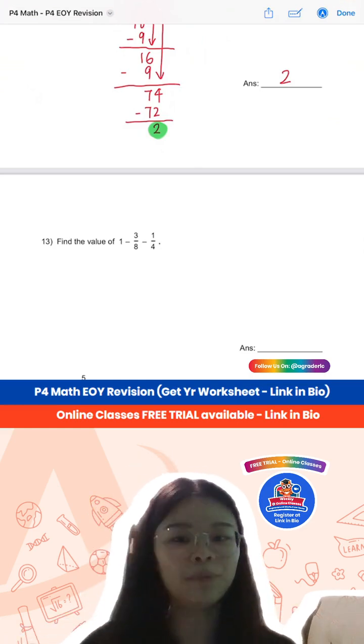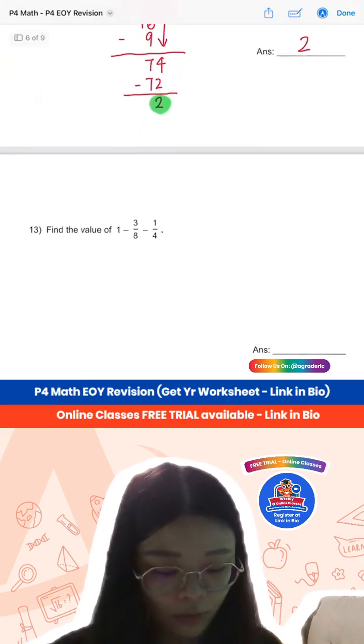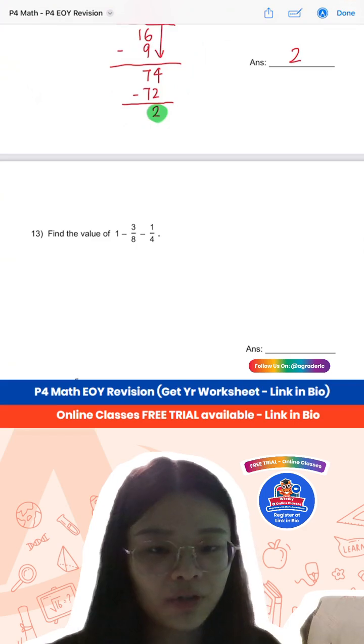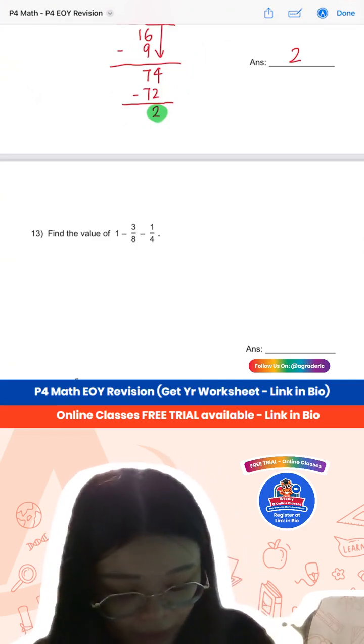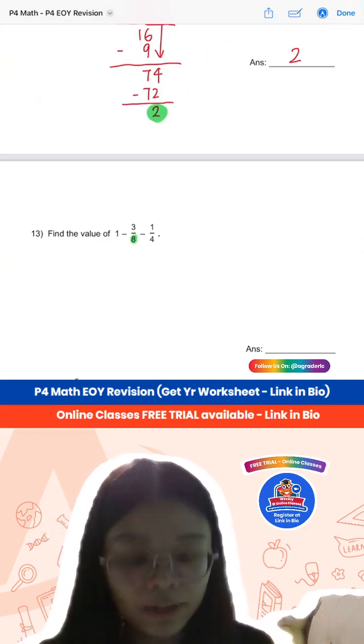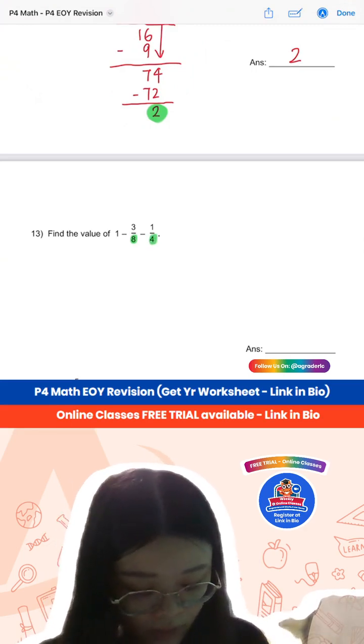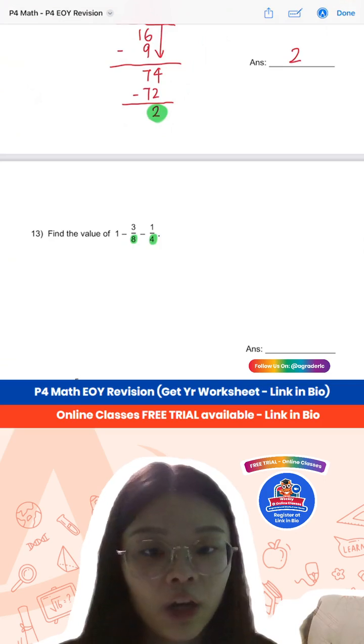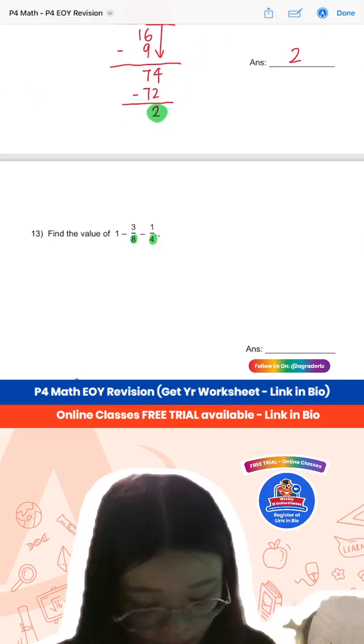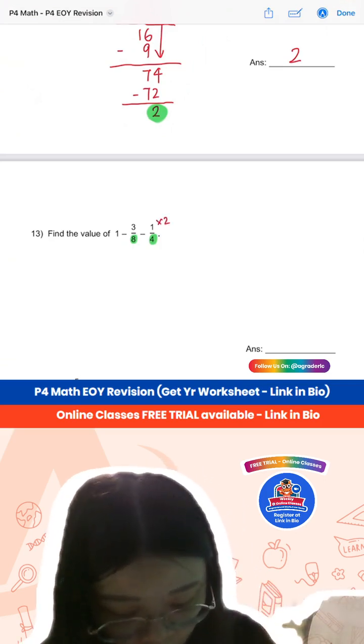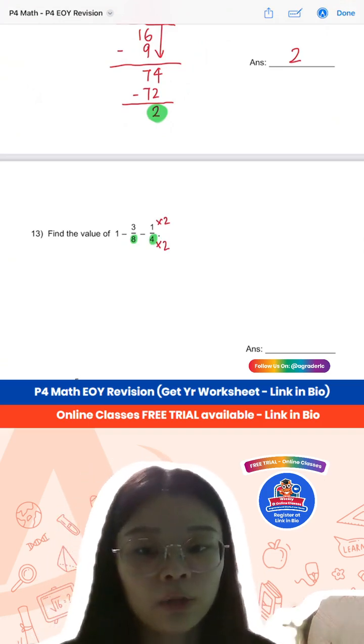Okay, so most of you put 3/8. Good. How do I know it's 3/8? Our denominator is 8 for this fraction, and 1/4 has the denominator of 4. So our common multiple is 8. I can multiply by 2, turning it into 8.